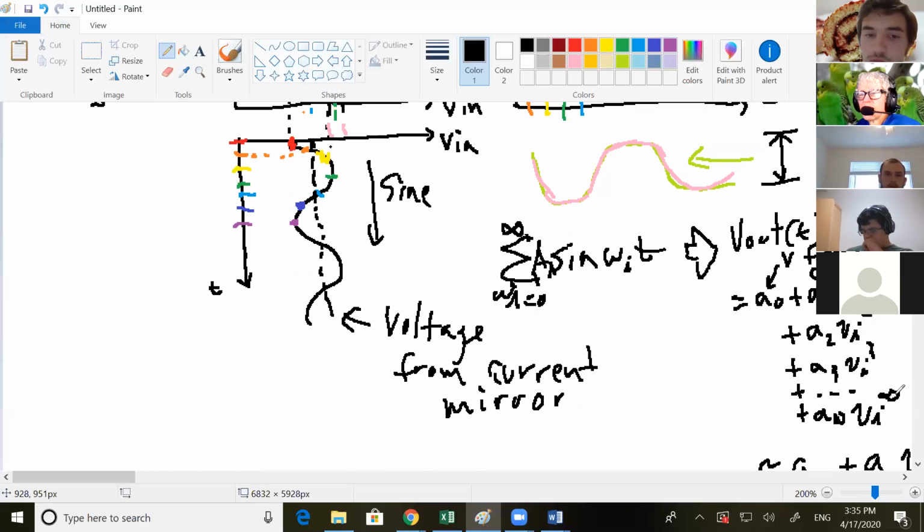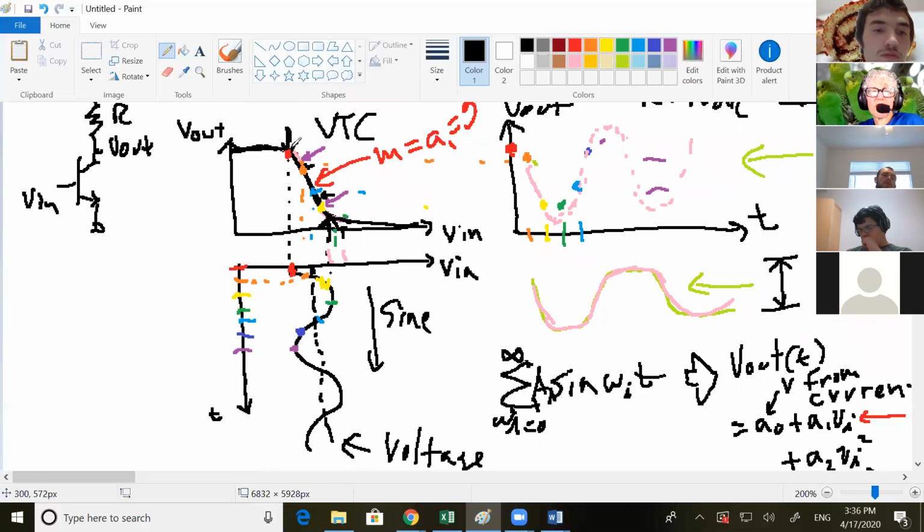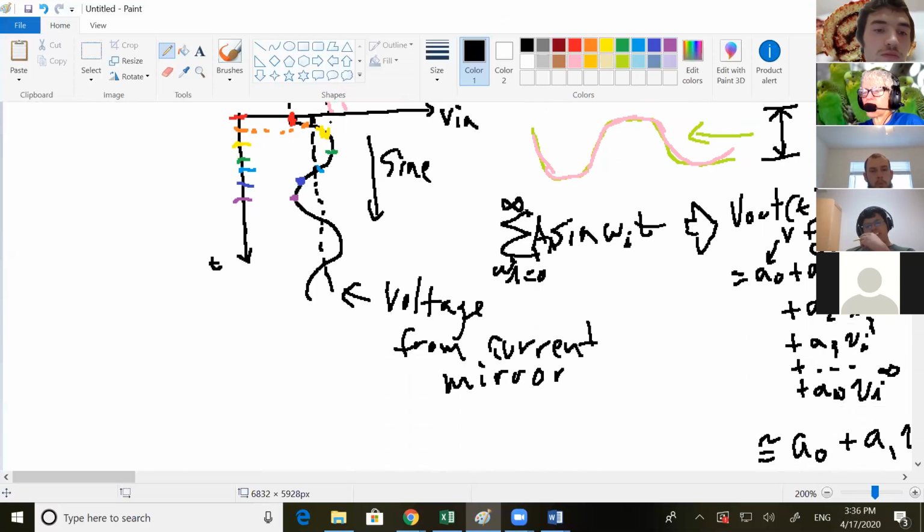Okay, so a couple questions here. If this transfer characteristic was exactly a line right here, what do you think A2, A3, all the way up to A infinity would be?